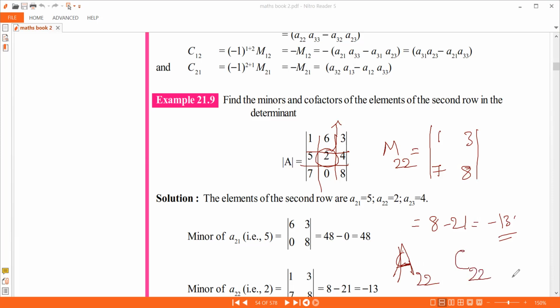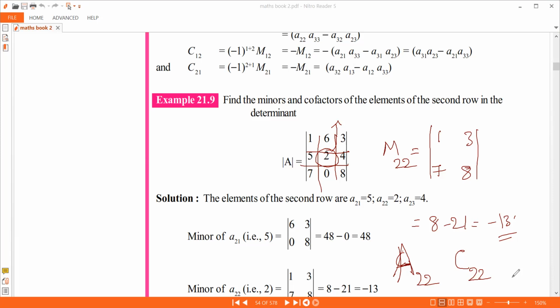A capital letter is used for the cofactors, so don't be confused if I write A22 or C22, both are the same. The minor is represented as M. The cofactor is represented as A with the position, like Aij or Cij.